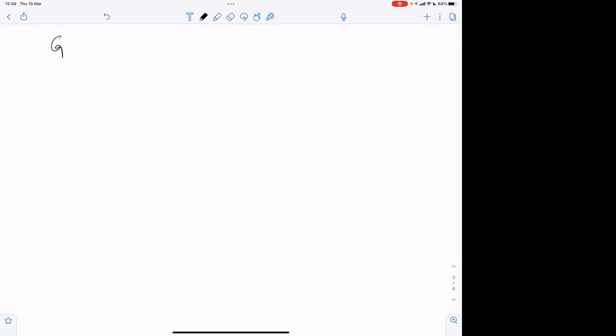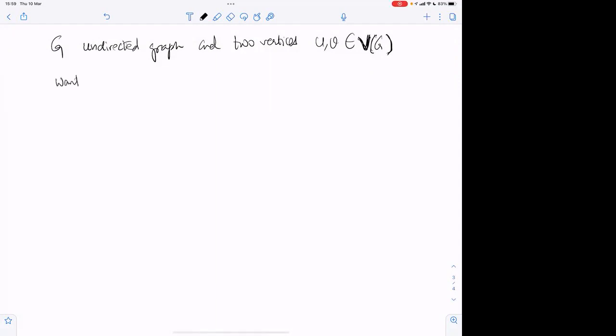Suppose for definiteness sake it is an undirected graph, and two vertices u, v belonging to V of G. To make the vertices explicit, you write V of G, indicating the dependence on G. You want to know if there is a path from u to v.